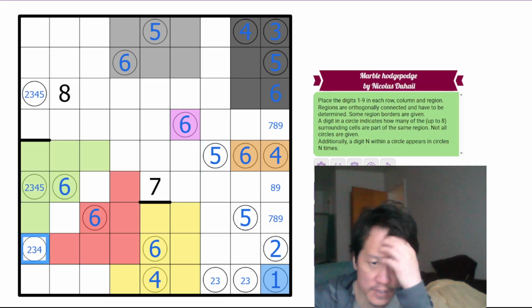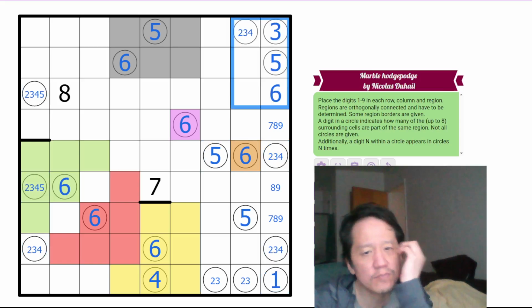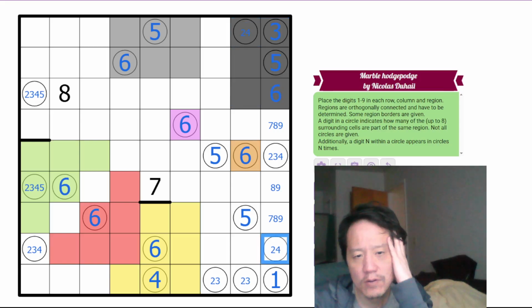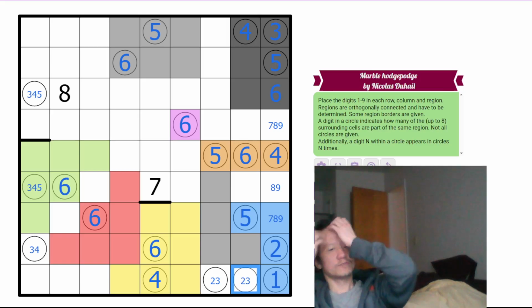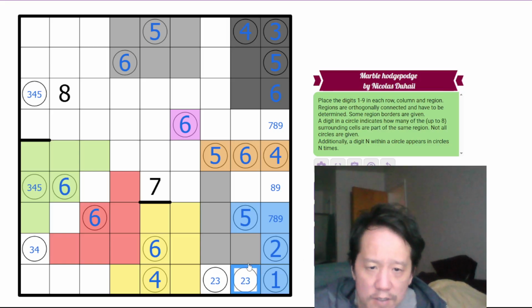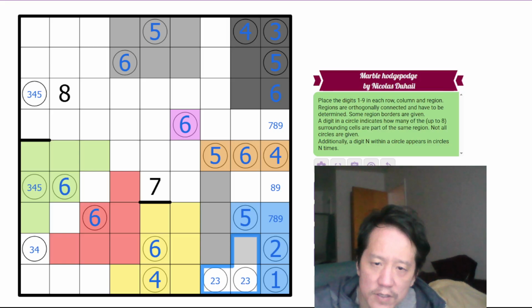I think this is leading to a contradiction. Right, because... how does this work? No. Okay, this has to be a separate region.